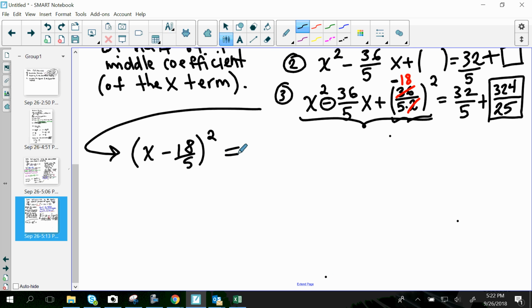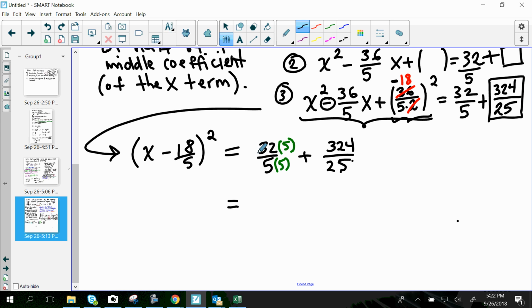Now we just have to simplify this part of it. So I have 32 over 5 plus 324 over 25. And I'm going to need a common denominator here. So I'm going to multiply by 1 in the form of 5 over 5 to get that common denominator.